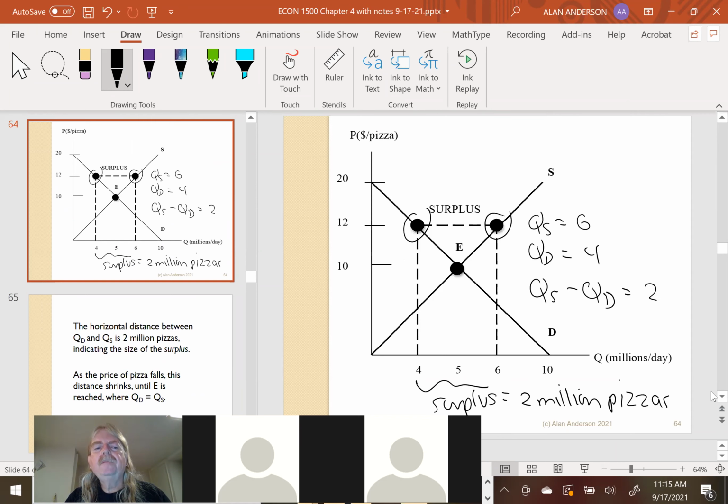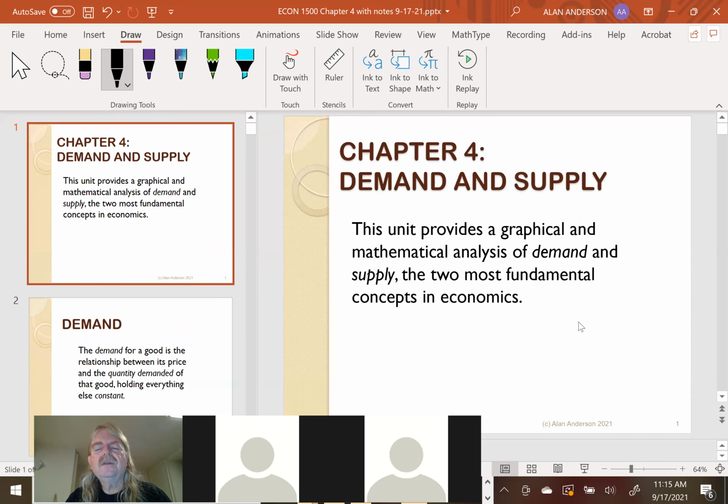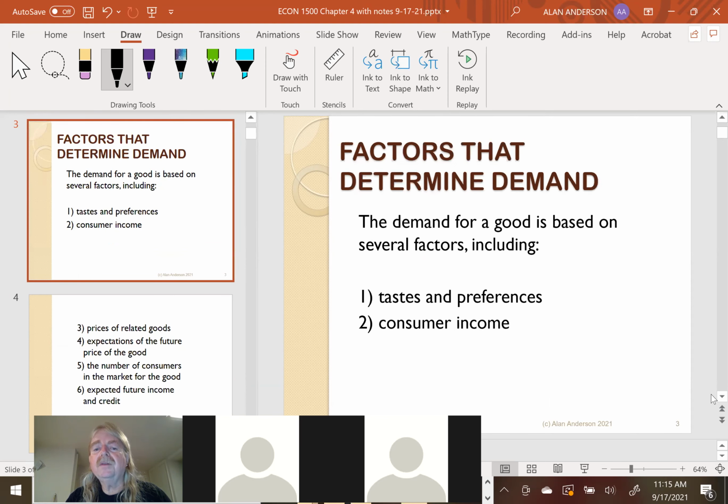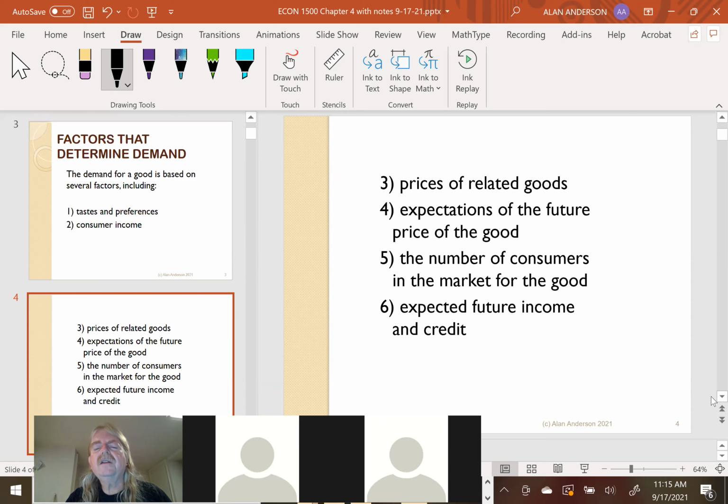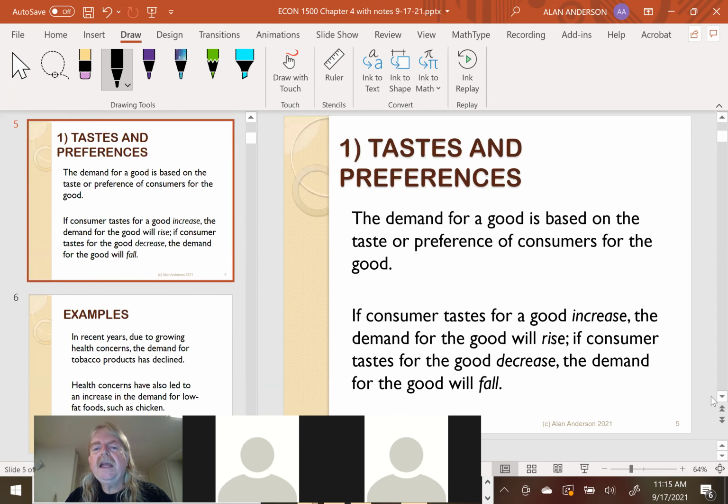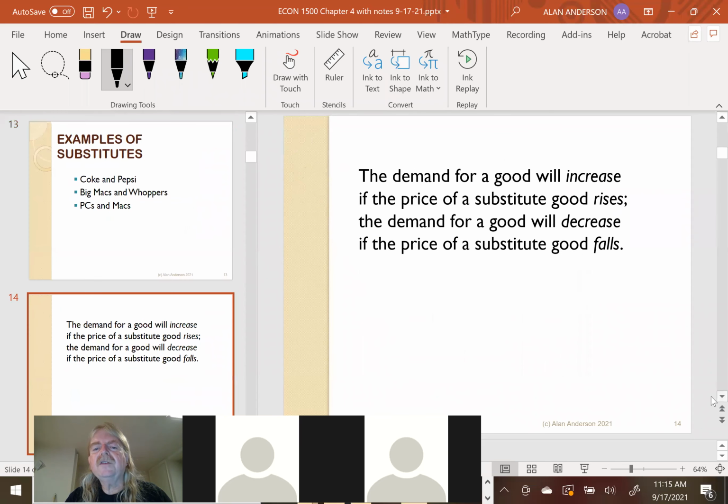Okay, now what we want to do is consider what happens if there's a change in one of these many factors that determine the demand or the supply for a good. Now, remember, we identified 6 different factors that affect the demand for a good. And I think it was 4 or 5 for supply.